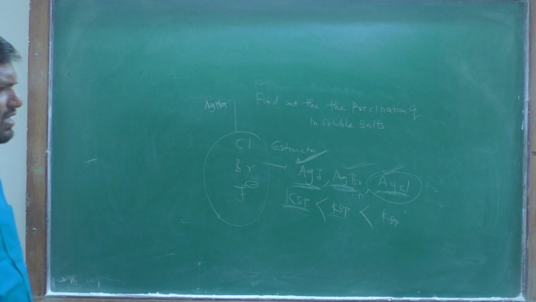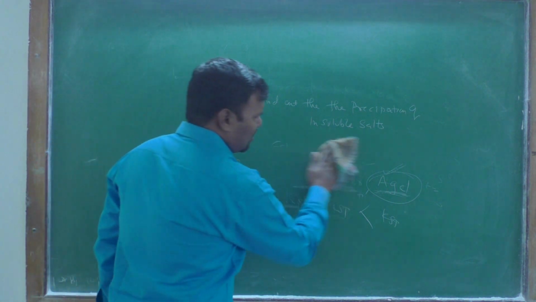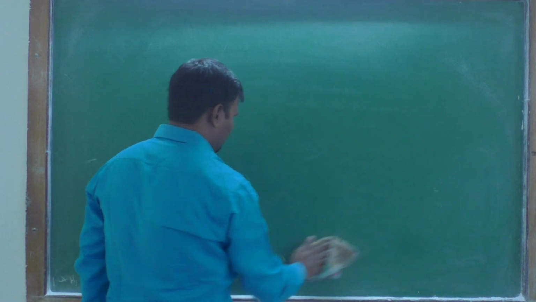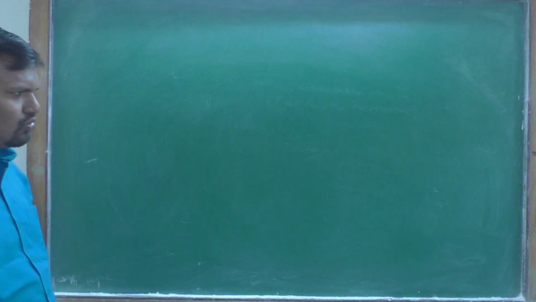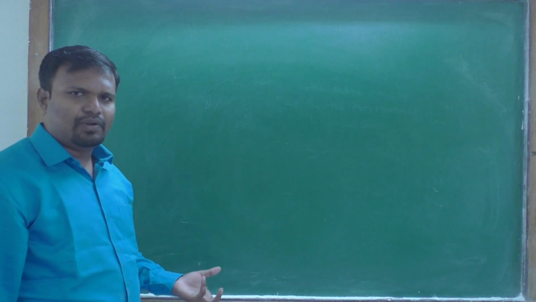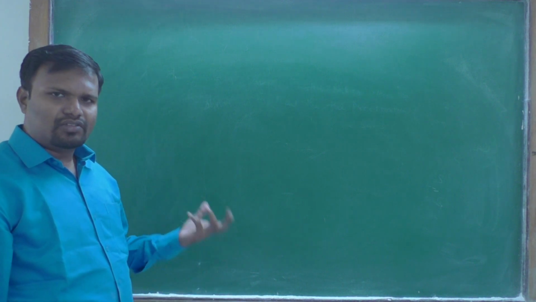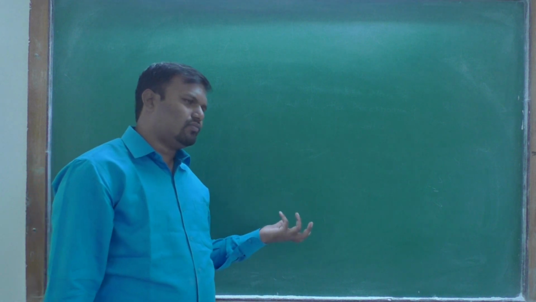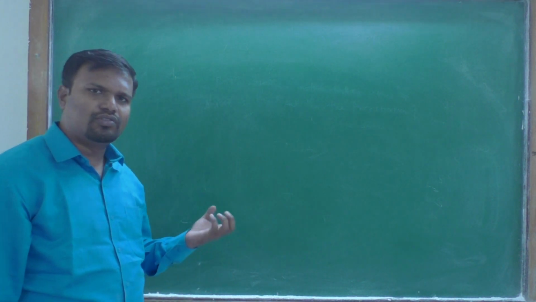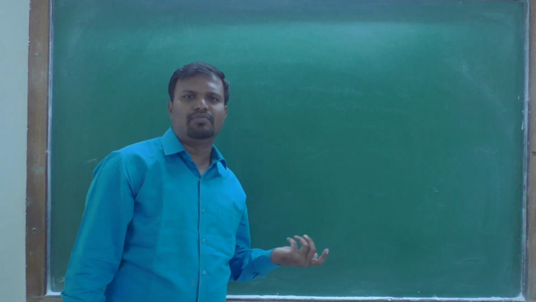Okay, that is our third use of the KSP. The first use of KSP was to find out solubility. The second use was to tell whether the PPT is obtained, and third, we have seen which insoluble salt gives the first PPT when we estimate them.